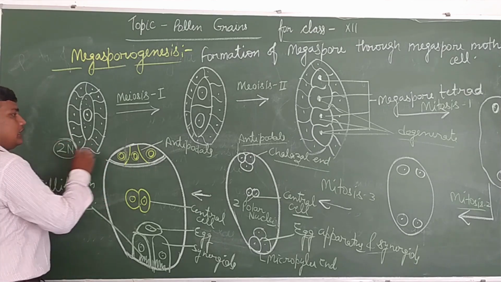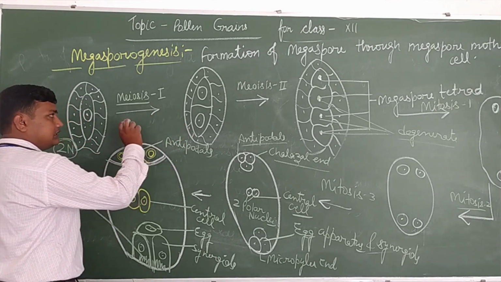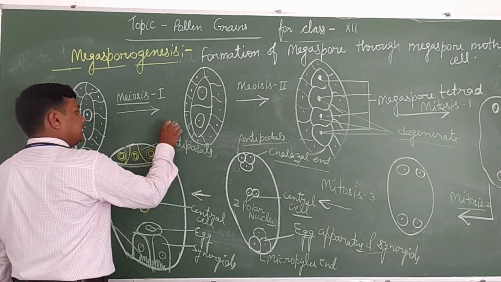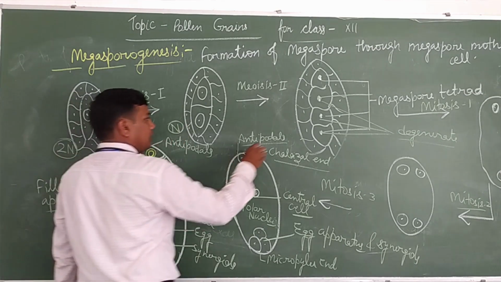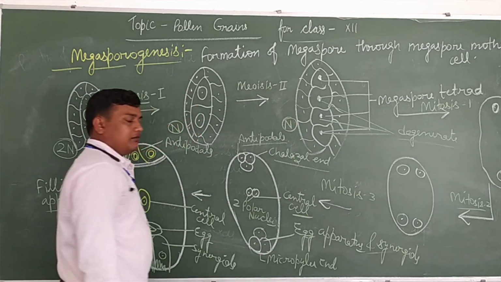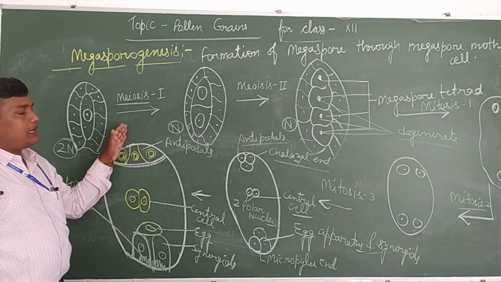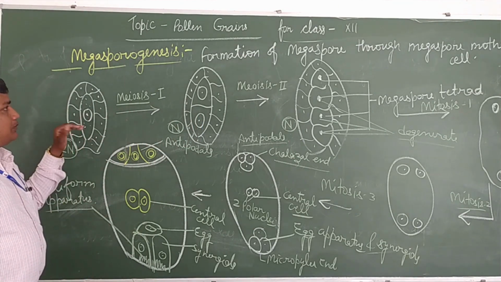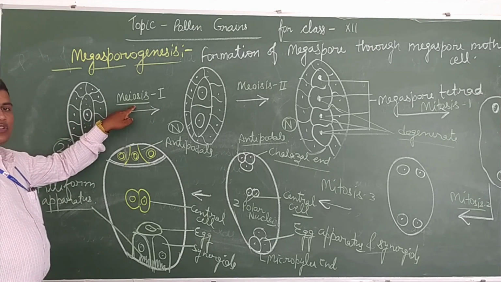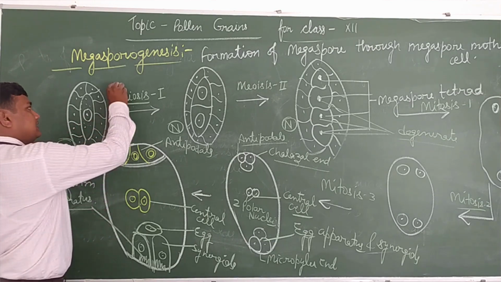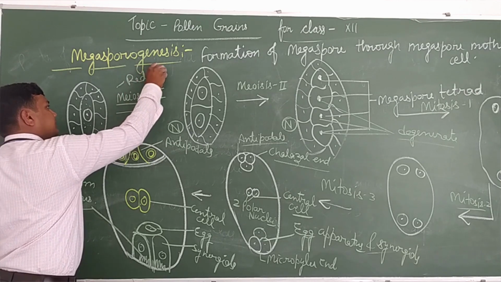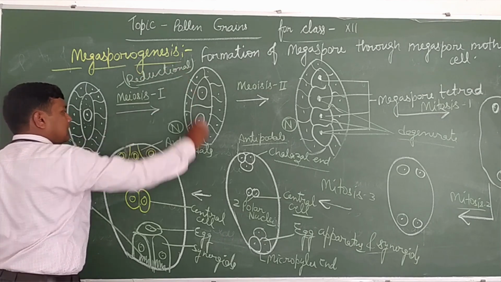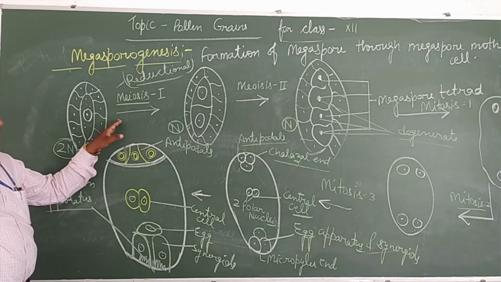After meiosis, a reductional division, it changes into n, meaning haploid. Gametes contain the haploid number of chromosomes. Reductional division means the number of chromosomes becomes half.